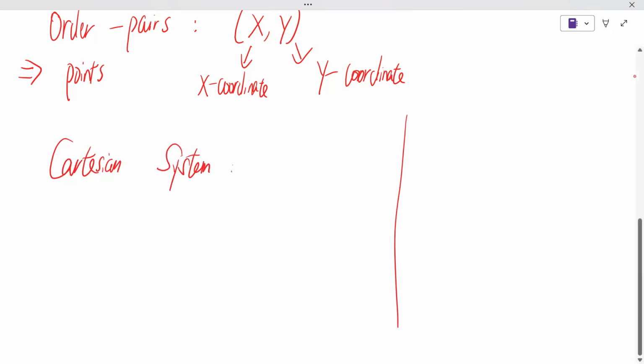In the Cartesian system, we're basically splitting this two-dimensional space into four different regions. We put the x-axis, the origin, and the y-axis.